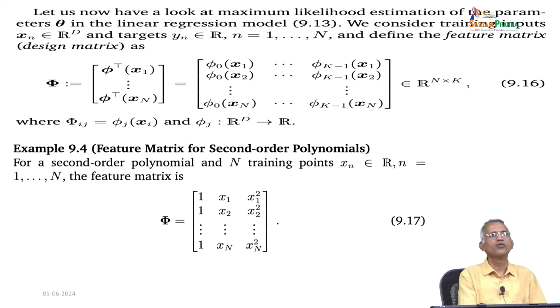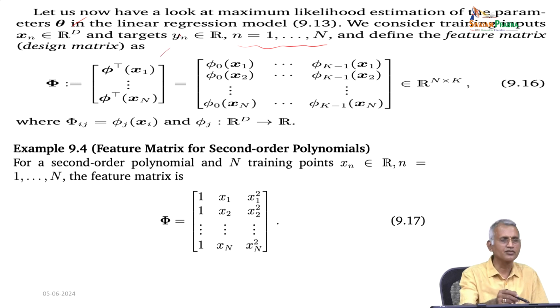And let us now have a look at the maximum likelihood estimation of parameter theta in the linear regression model. So, we consider the training inputs x in R power d and the targets yn in R, where n varies from 1 to n, and define the feature matrix phi equal to phi transpose x1 to phi transpose xn, which is equal to phi naught of x1 and so on, phi k minus 1 of x1.